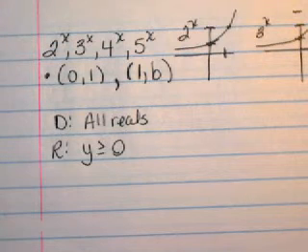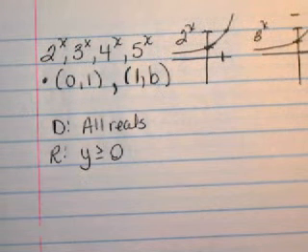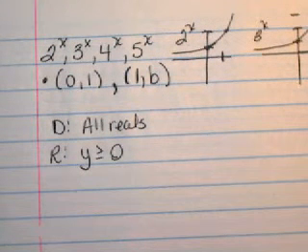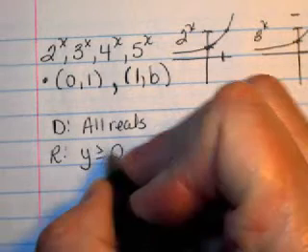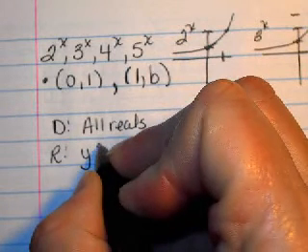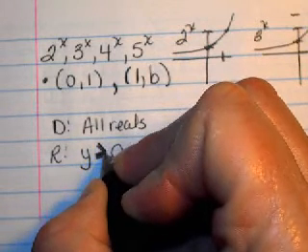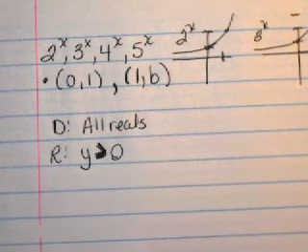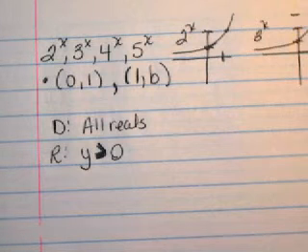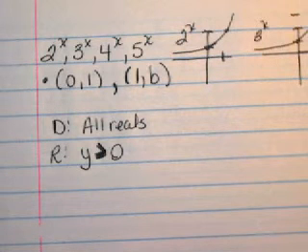All right, now, what else does it ask us to look for? This should be y is greater than 0. I don't know why I put the equals, because it never touches 0. Okay, y is greater than 0. All right, and then it asks me to look for if it's continuous or discontinuous.